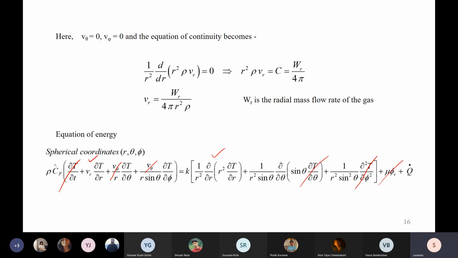And of course, no heat is being generated in the intervening space between the two. So what we have then is the second term on the left-hand side and the first term on the right-hand side for our case.